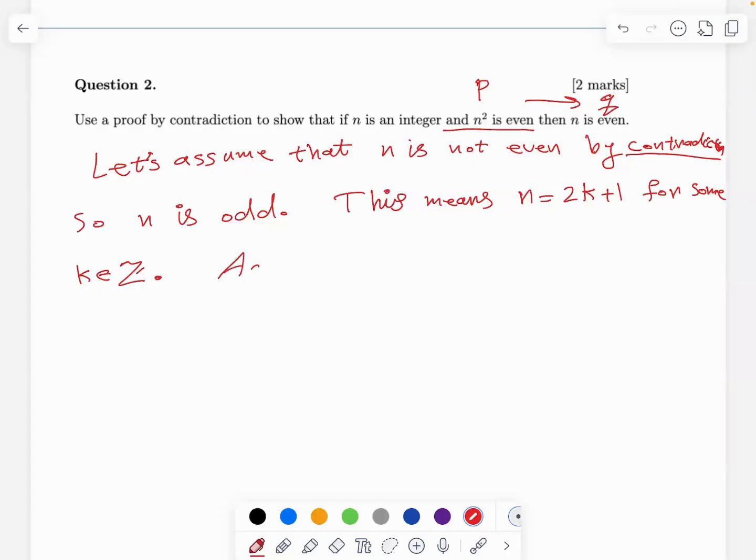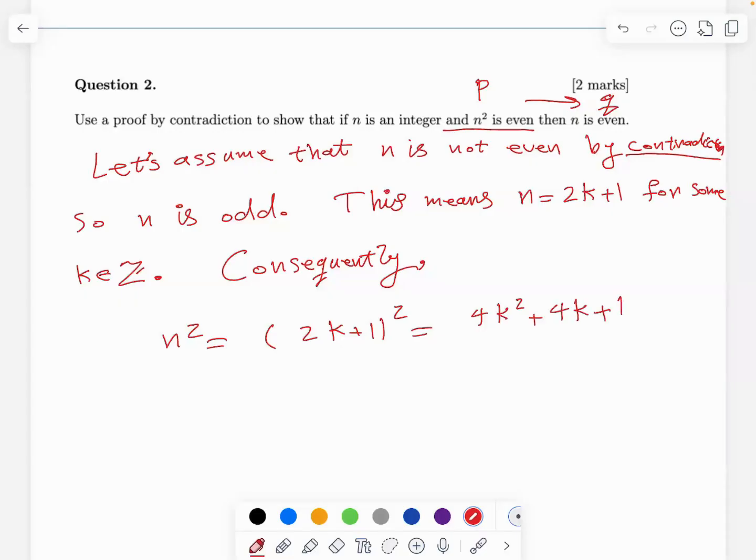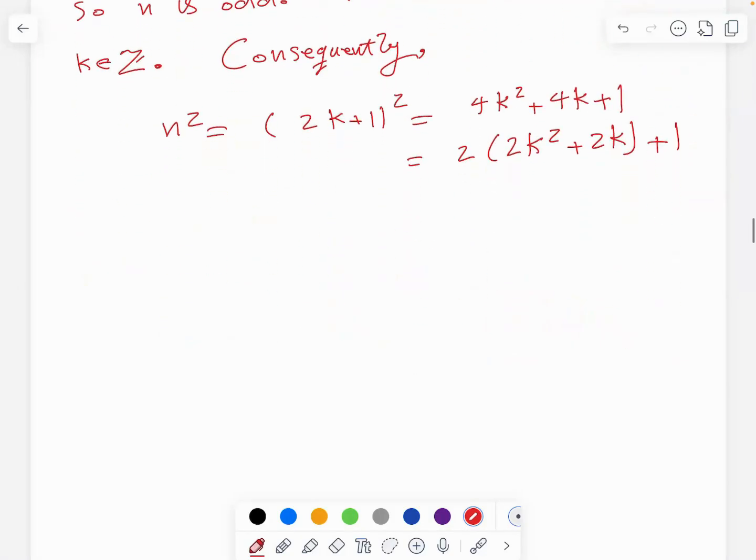Consequently, n squared is equal to (2k plus 1) to the power 2, which is 4k squared plus 4k plus 1. From here, 2 times (2k squared plus 2k) plus 1.